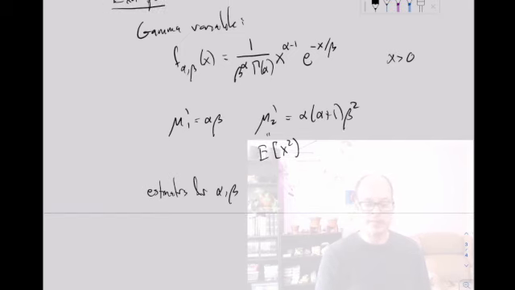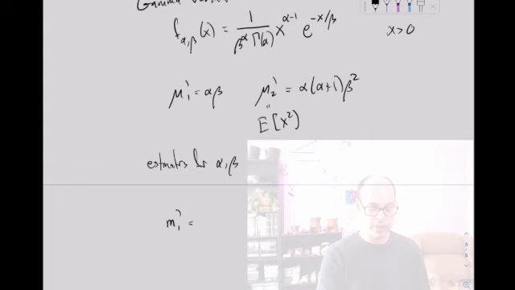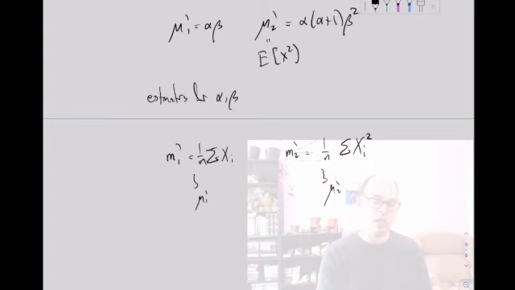Those are going to be M1 prime, the sample mean, and M2 prime, the sum of the xi squared, which are good estimators for mu2 prime and for mu1 prime. And so altogether, if I can solve for alpha and beta in terms of mu1 and mu2, then I can move along.